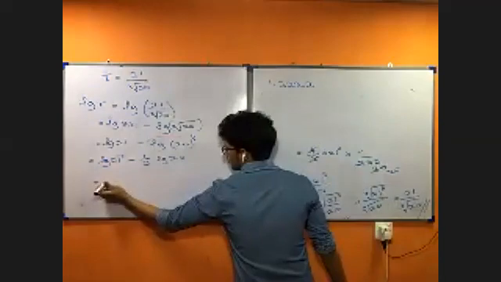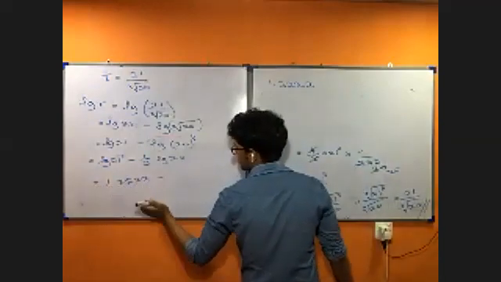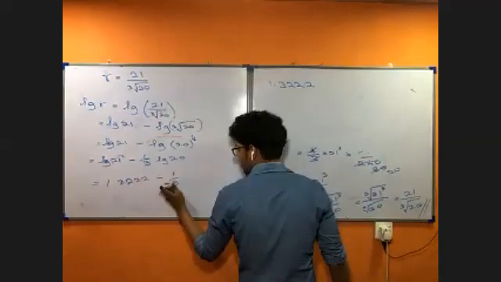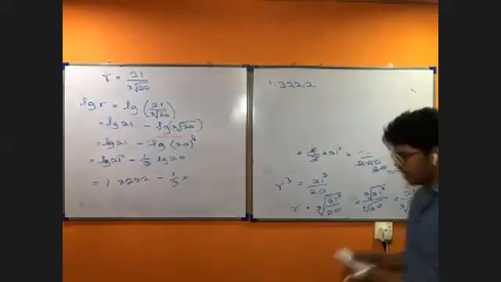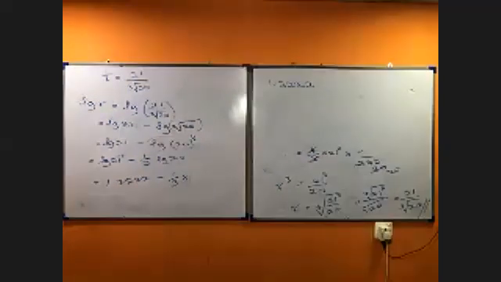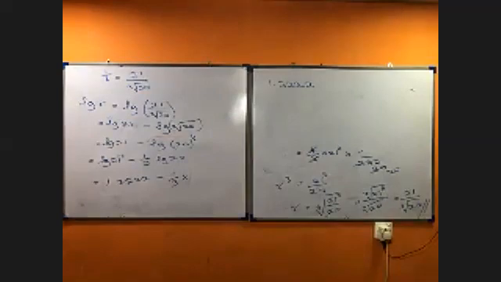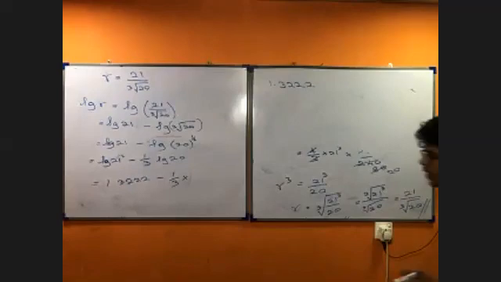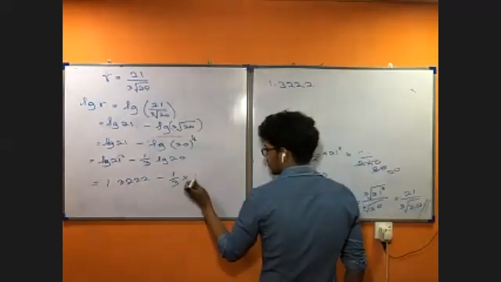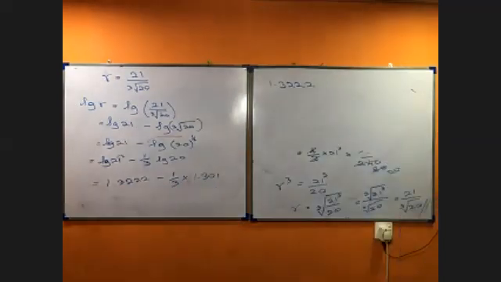So this is going to be 1.3222 minus 1/3 times log 20. Log 20 is going to be 1.3010.